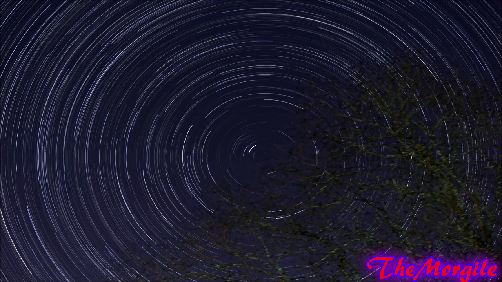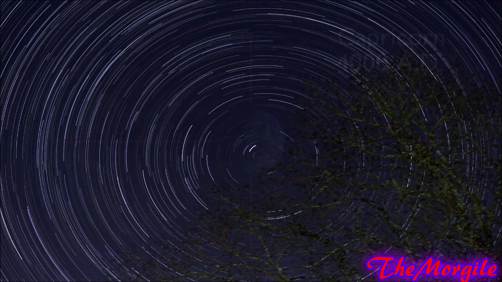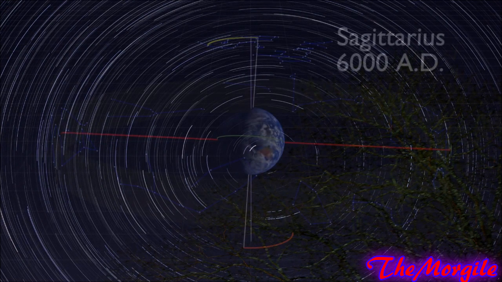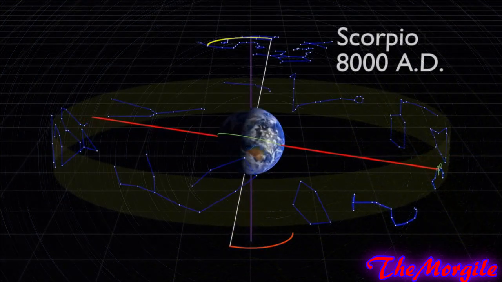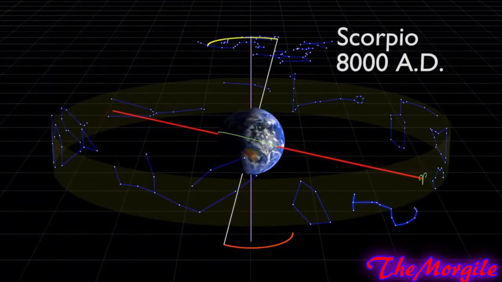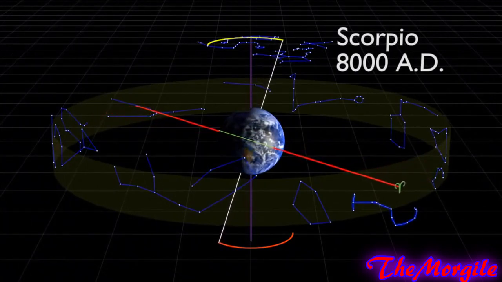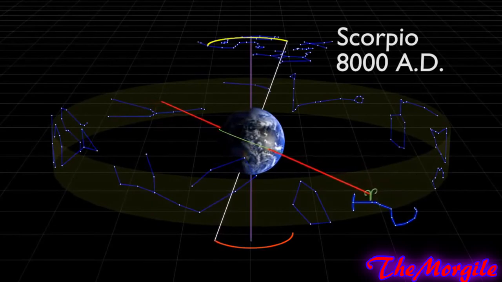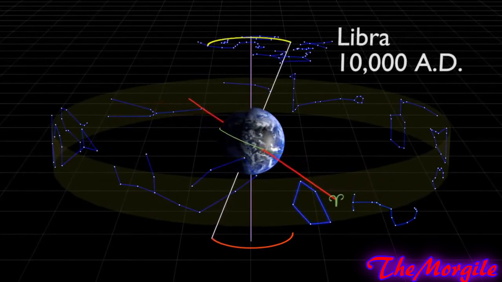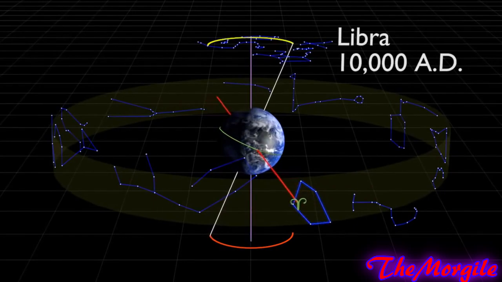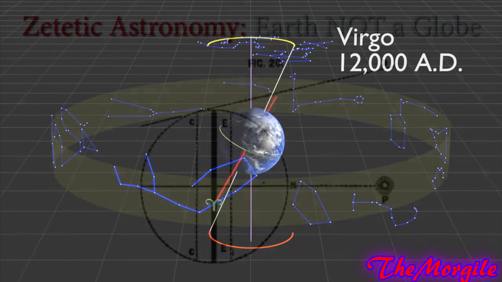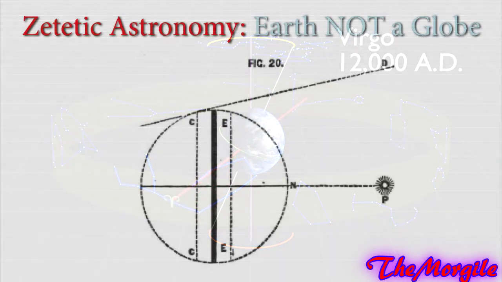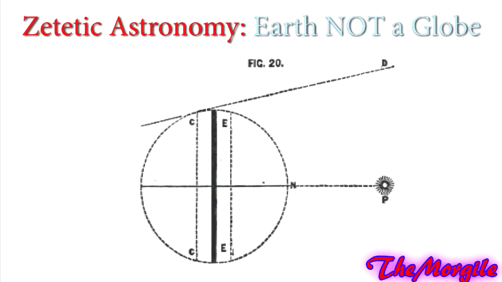axis of rotation being pointed perfectly at Polaris for all of my life, which is 36 years, all of my grandfather's life, which he lived into his 90s, and his grandfather's life as well, which, goodness gracious, we're talking since the 1800s here. And by the way, people who wrote books in 1865, such as Dr. Rowbotham, who wrote Zetetic Astronomy, also mentioned that Polaris was the pole star and does not change.